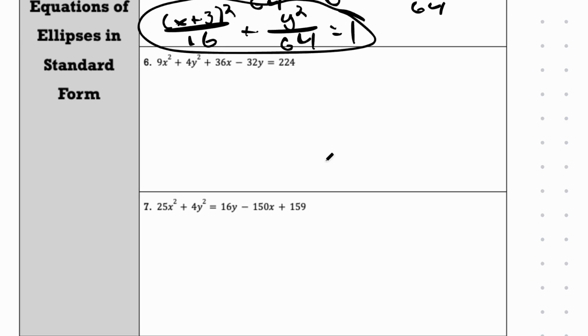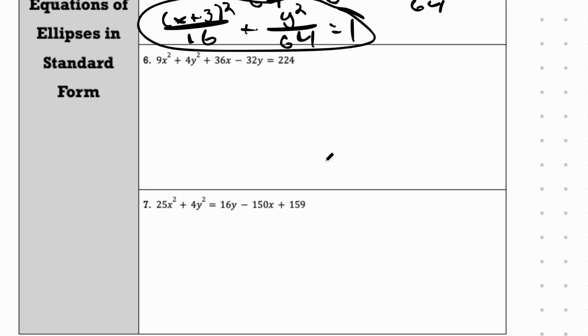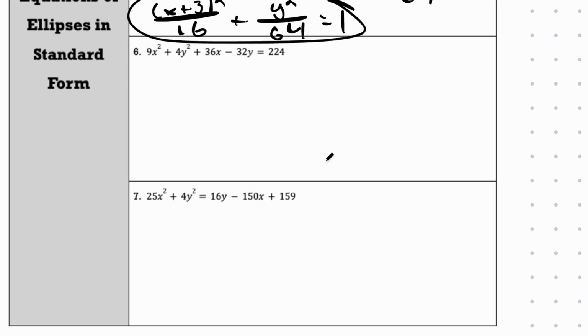So I'm going to skip 6. It should be the same process, but we'll do 7 together, and 6 and 7 should be pretty similar. Okay, so I'm going to do the exact same thing. I'm going to rewrite this so that I can get it in a form where I can easily see how to make perfect squares out of this equation.